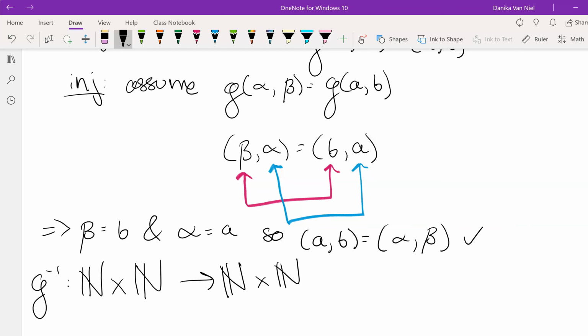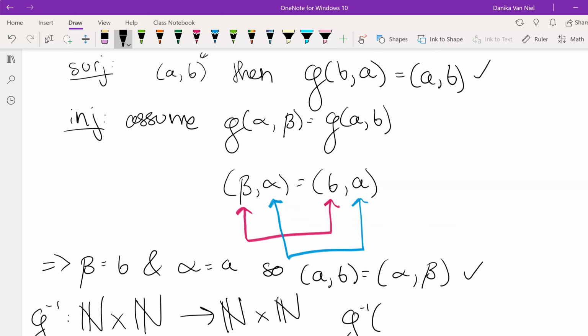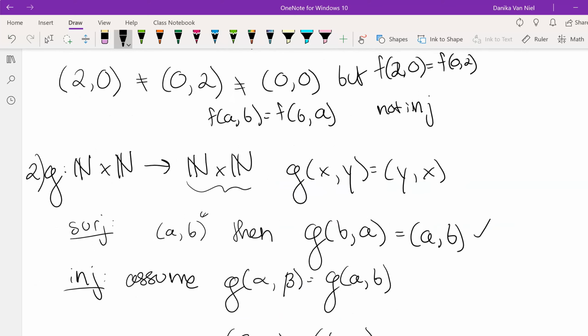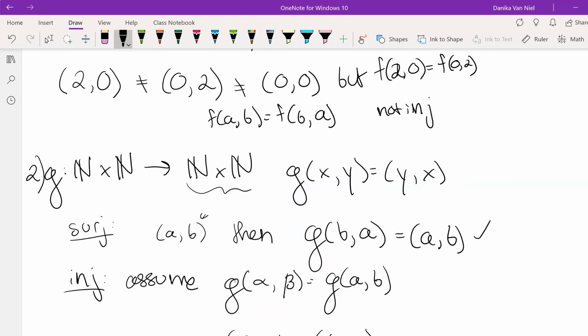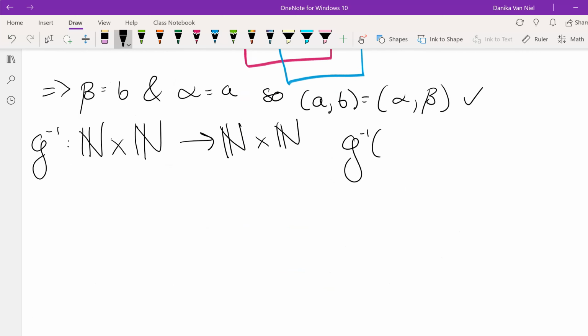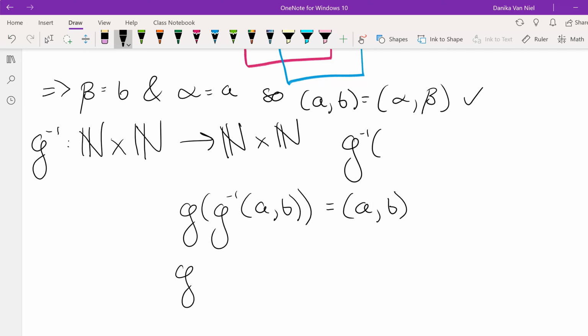Here's what I'm trying to think about ahead of time: I want g inverse of g of (a, b) to equal (a, b), and I want this to also happen the other way. You can use different variables than I'm using. It doesn't really matter that much.